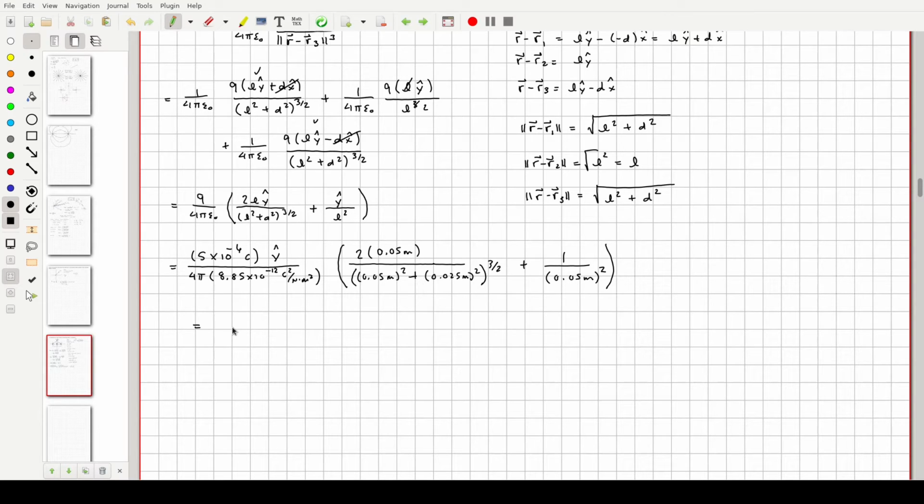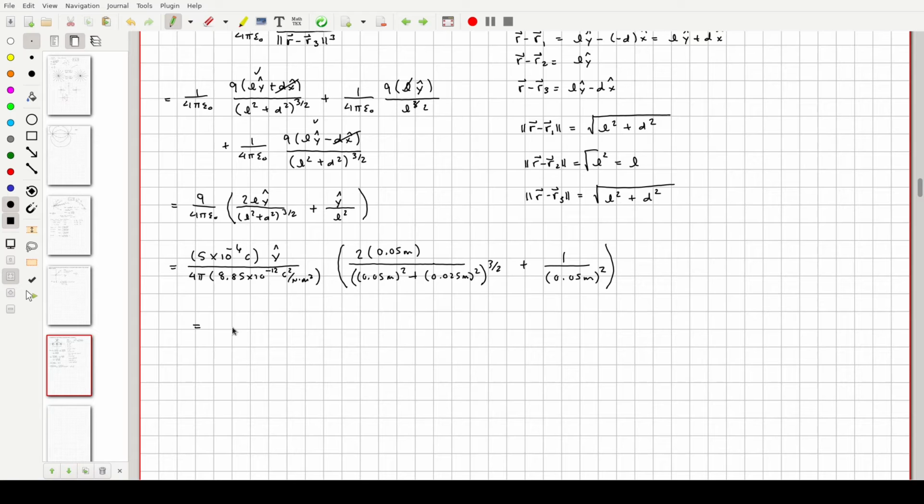You raise that to the 3/2 power. So that's that first term. And then the second term is just going to be 1 divided by 0.05 squared.